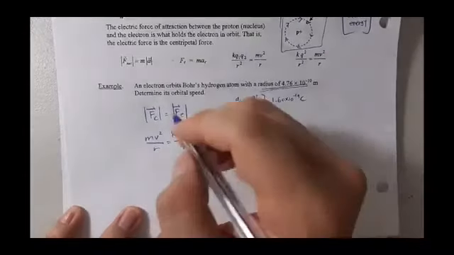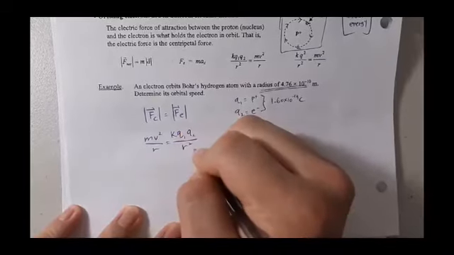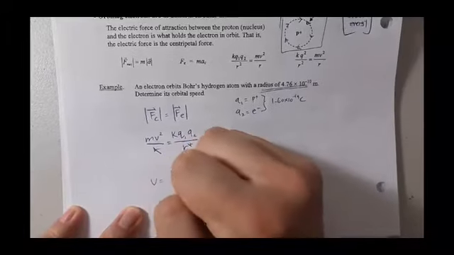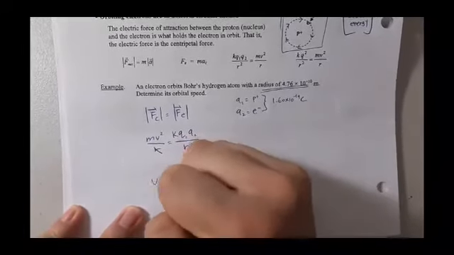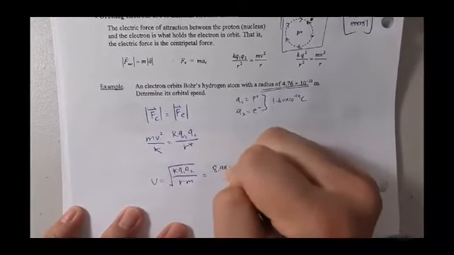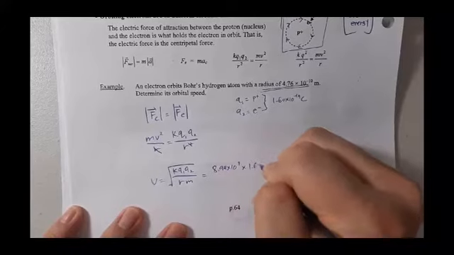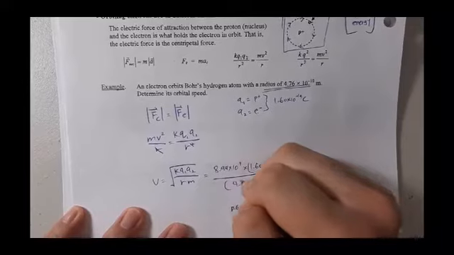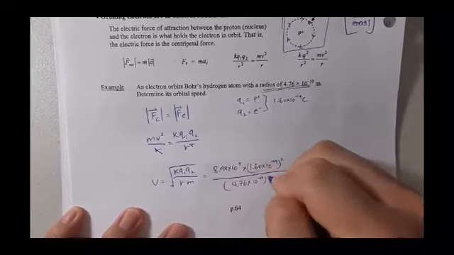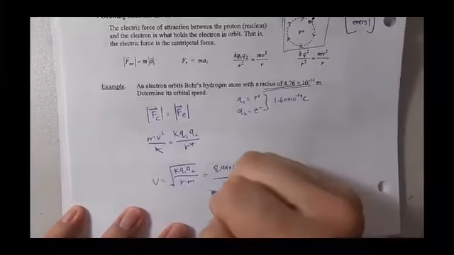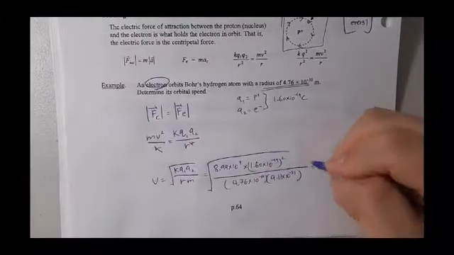So we can find the orbital speed. First of all, can you see r and r squared? Multiply one r to each side, so r will disappear. v is equal to kq1q2 over rm, then square root them. And we're talking about the electron over here, so the mass should be the mass of the electron.